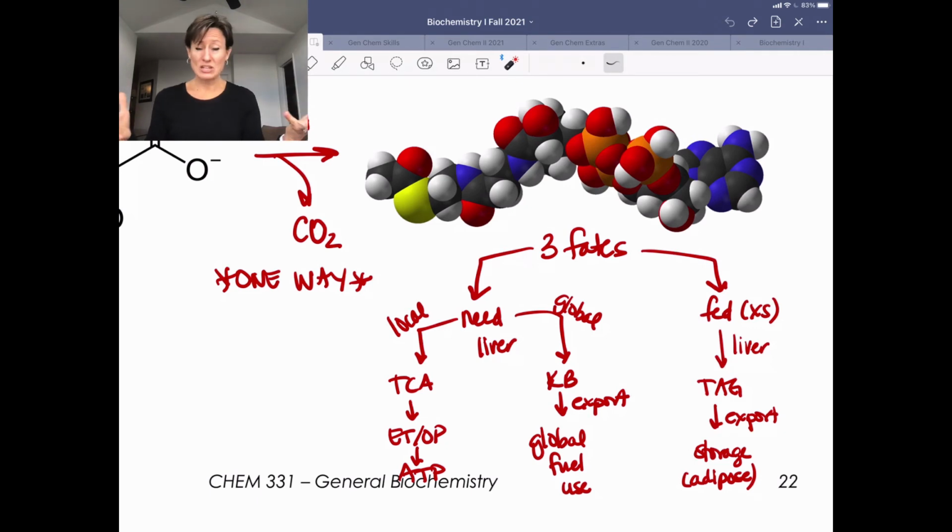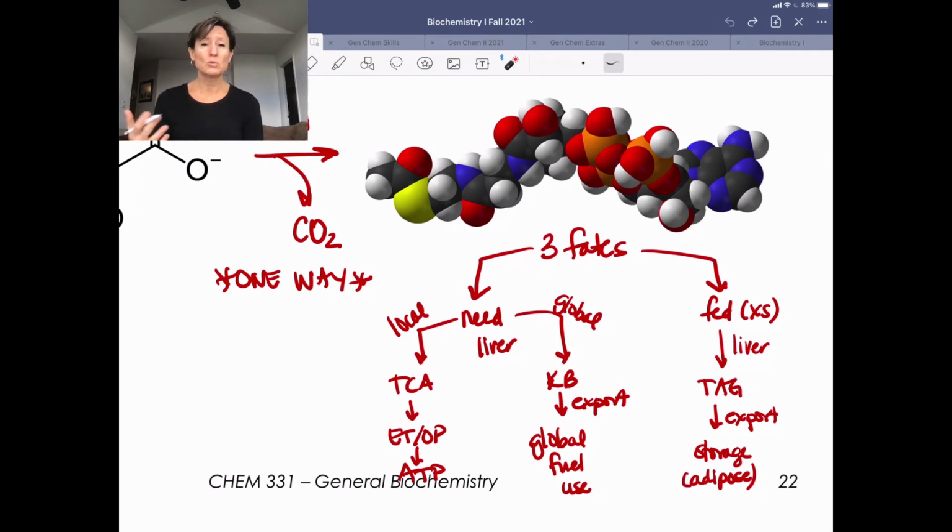However, and simultaneously, this is not an either or, the liver can also help in a global sense. It can take some of that acetyl-CoA that's likely fat-derived, convert it into ketone bodies, and then export it for all other cells to be able to utilize as a global hydrophilic circulating fuel. Flip side, what if you are in a fed state? What if you have excess acetyl-CoA?